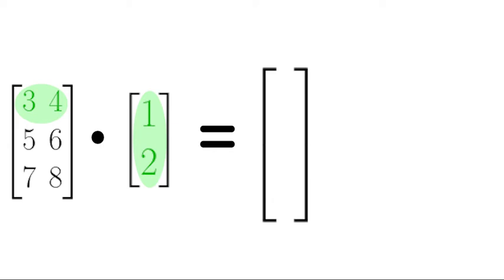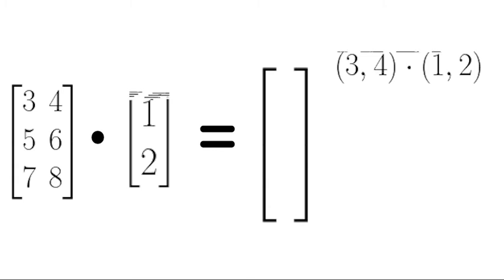So you start with values 3 times 1 and 4 times 2. Then you sum up these values, and you can express this notation as [3, 4] times [1, 2]. And the value that you just calculated is the first element in the first row and the first column of the product matrix.